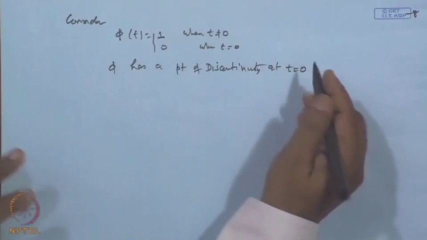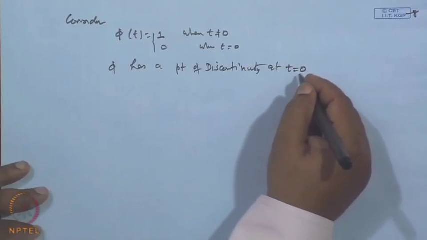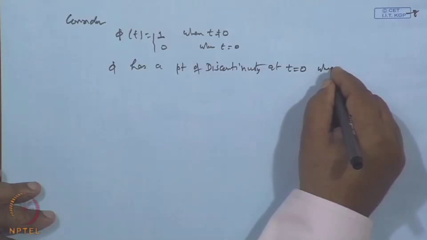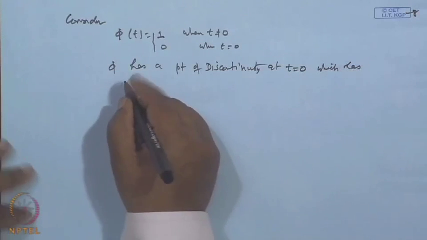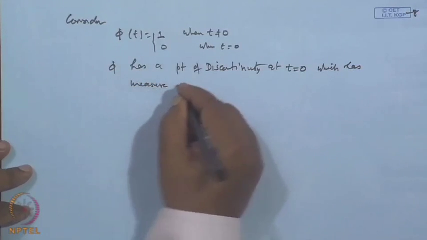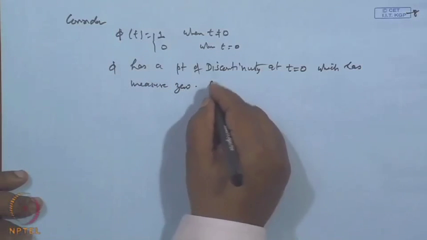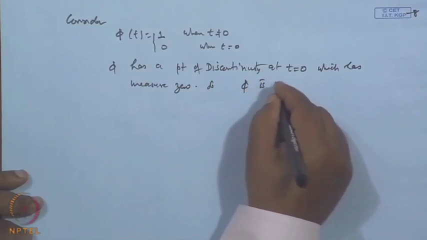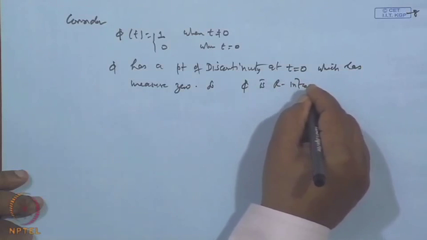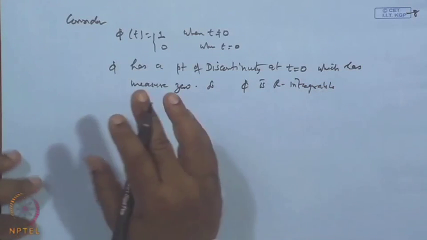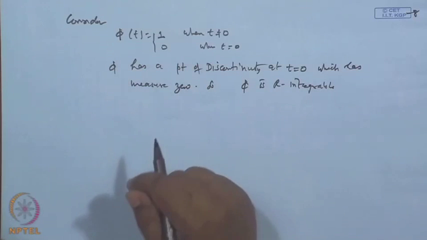It is a single point, which has measure 0, because a singleton set has measure 0. So phi is integrable. So f is Riemann integrable, phi is Riemann integrable.